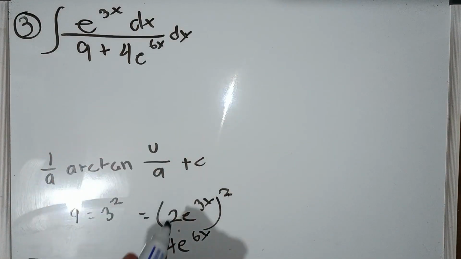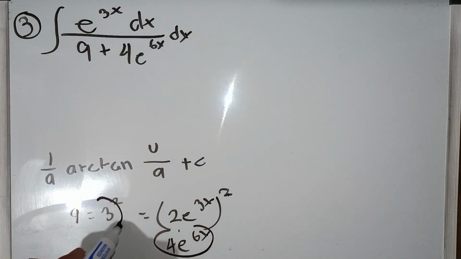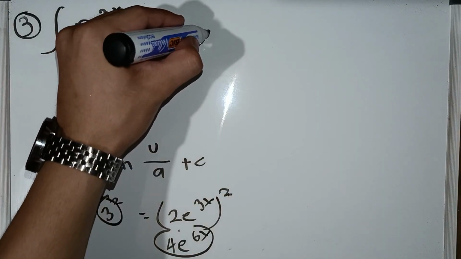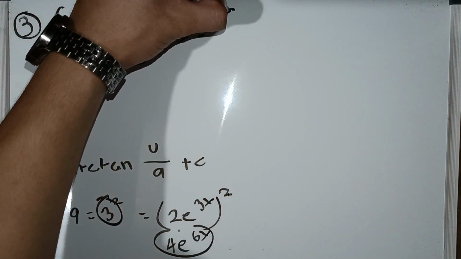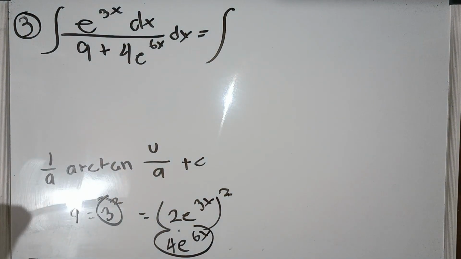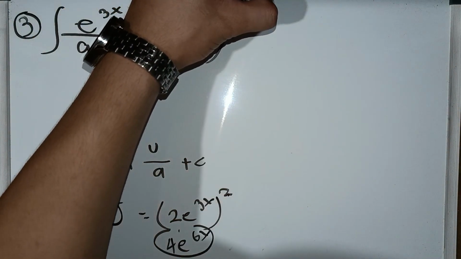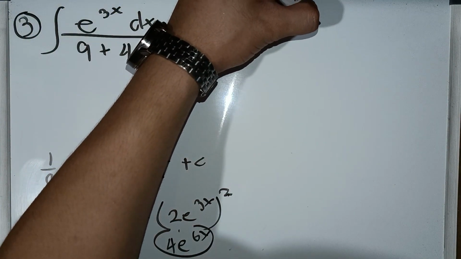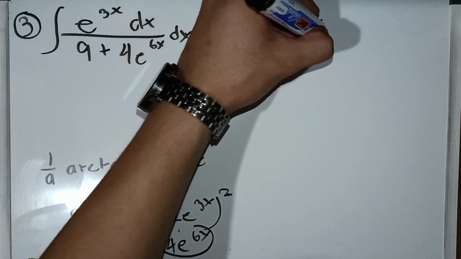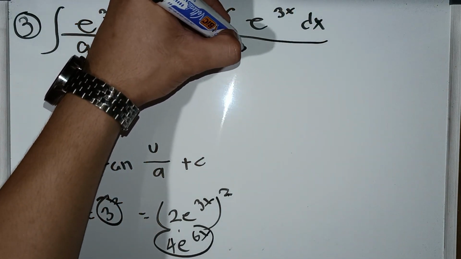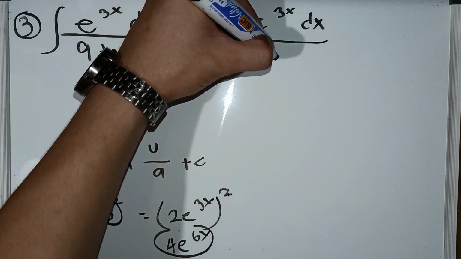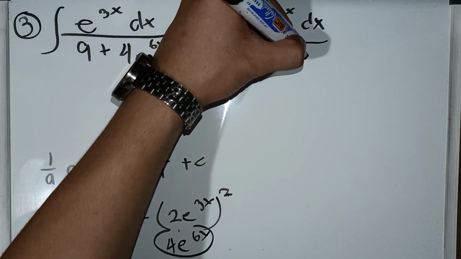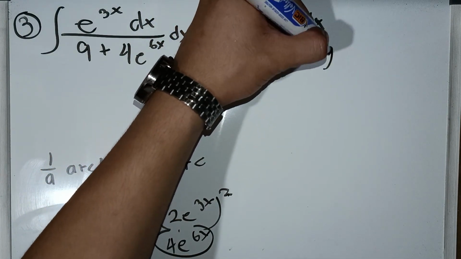So let's try: the integral of e raised to 3x dx over 3 squared plus (2e raised to 3x) squared.